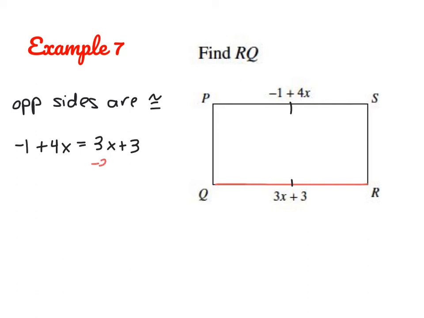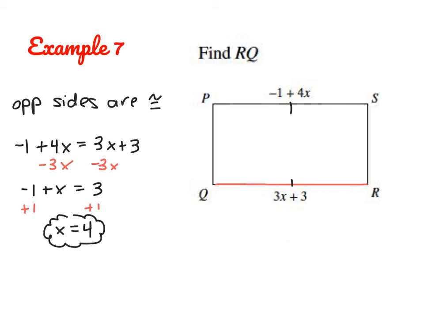So I'm going to start by subtracting 3x from both sides, and then add 1 to both sides, and I get x equals 4. However, remember, our instructions were to find the length of RQ.